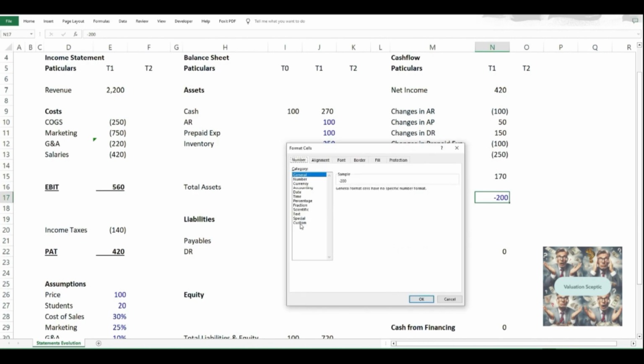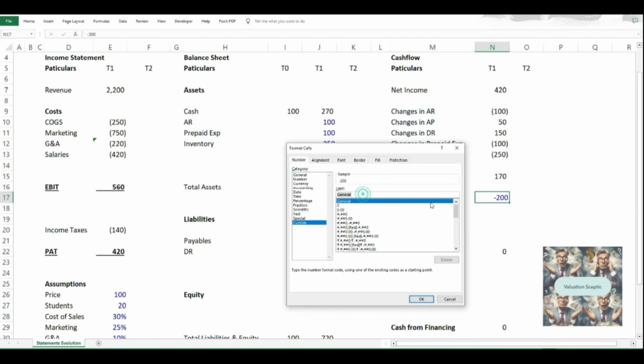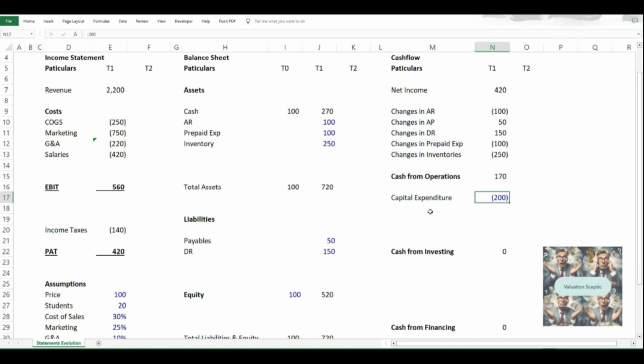So we'll be doing custom formatting of 0. I'll be explaining custom formatting in the future, but just for your understanding, this is how we can format the number.